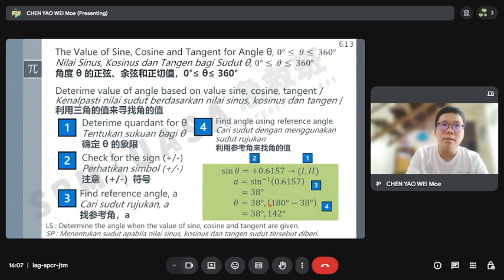Okay, have you noticed that? In our whole section, we talk about the angles being from 0 until 360 degrees. Sometimes I limit it to 90 degrees to 270. So you need to check this.